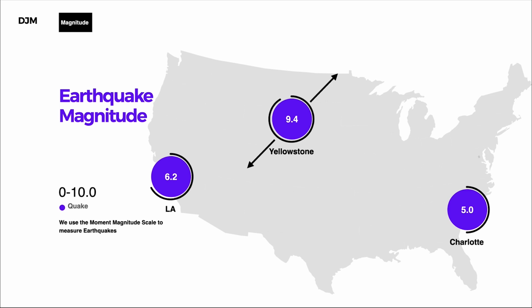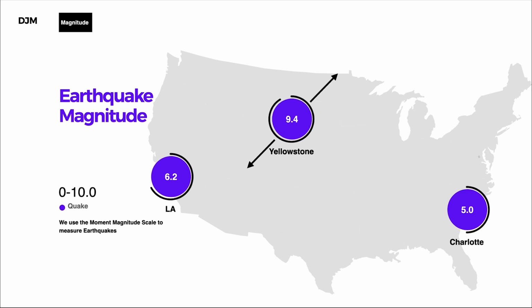So the greater the size or the extent of an earthquake, the greater the number that explains the magnitude of that earthquake. So if an earthquake has a magnitude of 6.2, it has a greater size or extent than an earthquake that would be a 5.0 or a 4.0, and actually a 9.4 would be even greater, or have a greater extent than an earthquake that has a smaller number than that too. The magnitude is being measured, and that is the size or the extent.